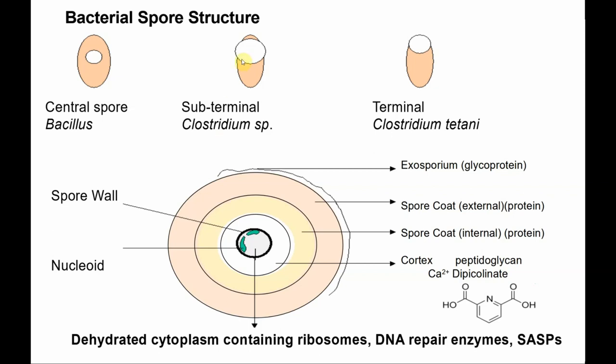And the position of the endospore is rather different. So in Bacillus it's more central, and in Clostridium it's subterminal. Now I wouldn't really like to identify Clostridium tetani compared to some other Clostridium just because of the difference between this and that, but spore position can be used to distinguish Bacillus from Clostridium.